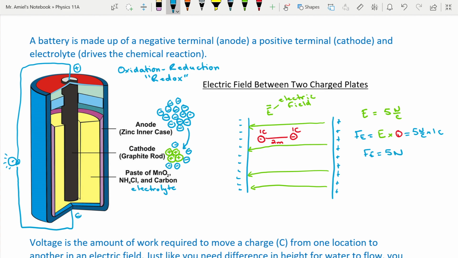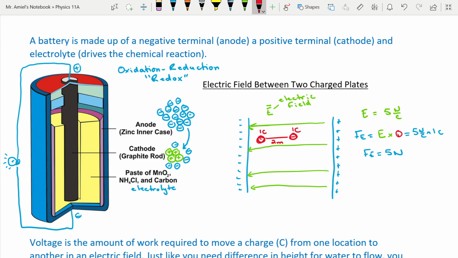Okay, so now we can say, well, if we know we've got a 5 Newton force acting in this direction, acting in the direction of this electric field, how much work is it going to take for us to move our particle from here to here?